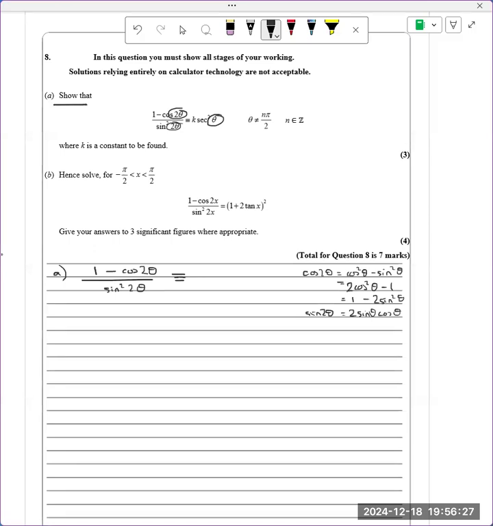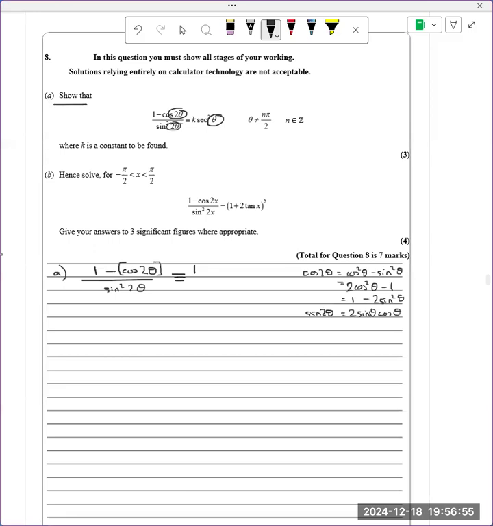Now, the denominator, we have no choice. The numerator, we have 3 choices. And the one to go for is the one that's going to make the numerator as simple as possible, because you've got 1 minus something. If we pick the one that's got 1 in it, 1 minus 2 sine squared theta, the 1 minus 1 is going to cancel out. So that's the one we want.